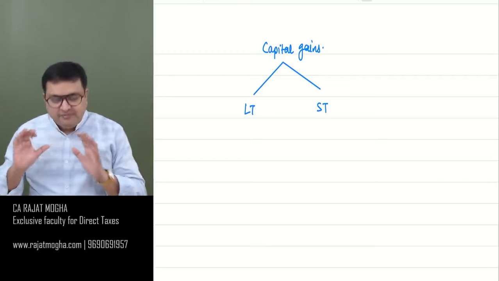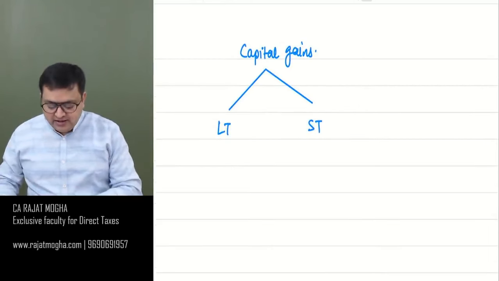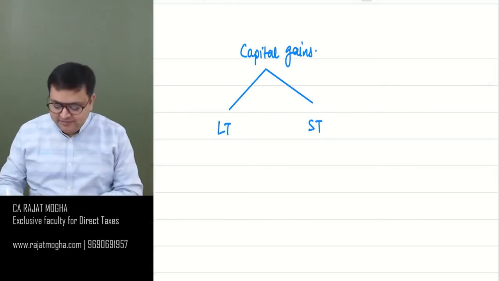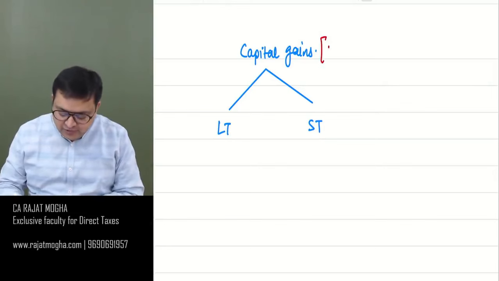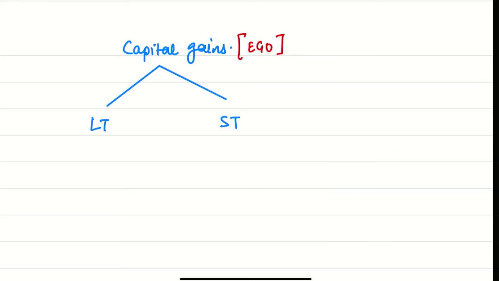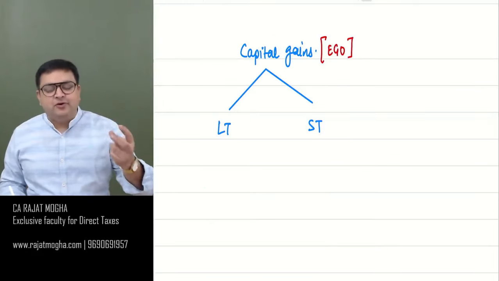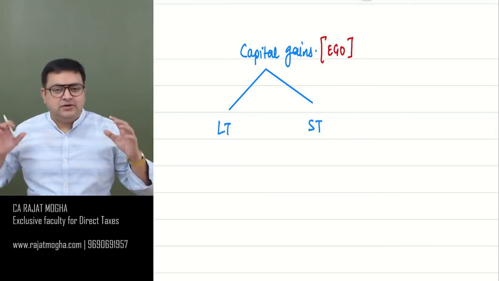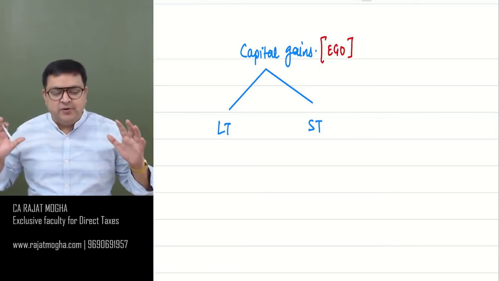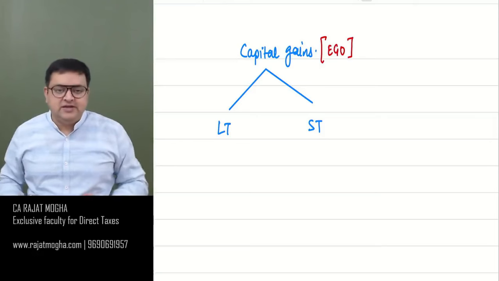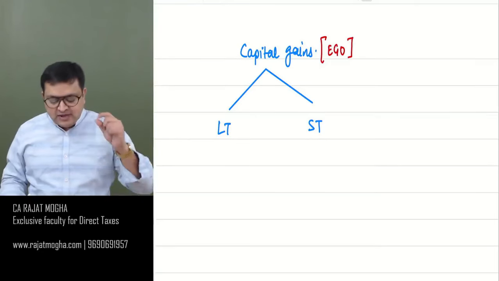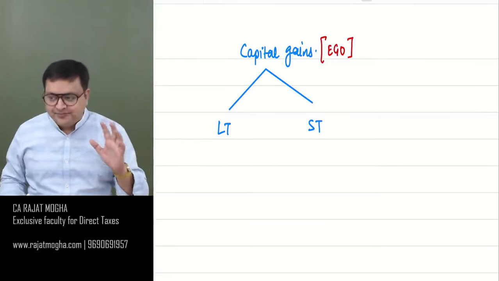To put it simply, I can say that capital gain has a big ego problem. And the people who have an ego problem are very proud and they don't take help from others. So capital gain has an ego problem.